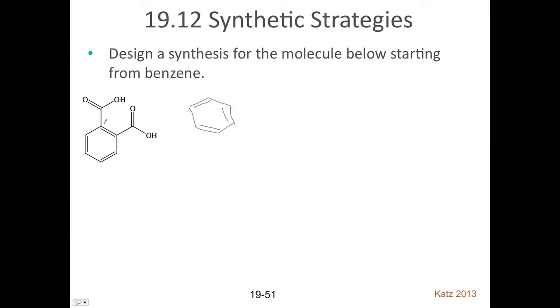We know of one way, right? We can do an EAS bromination, Br2 and FeBr3. Then Grignard chemistry: throw in your magnesium, and then bubble in CO2, and then you get your carboxylate, followed by acidification. That will give you that carboxylic acid.